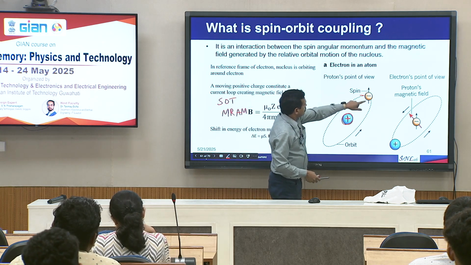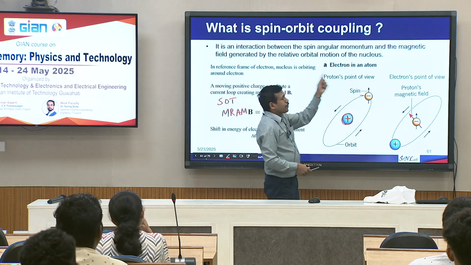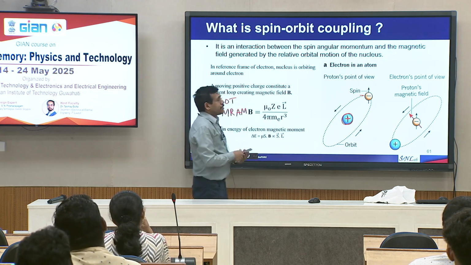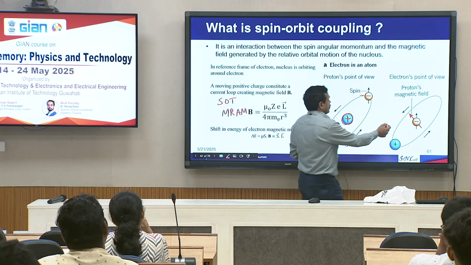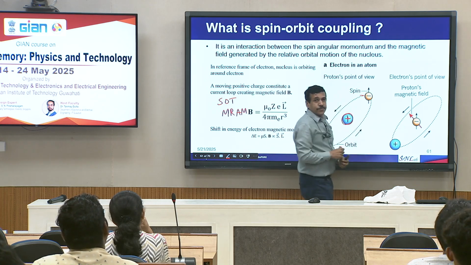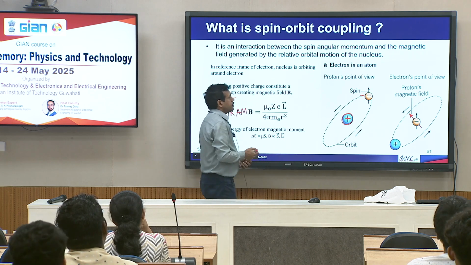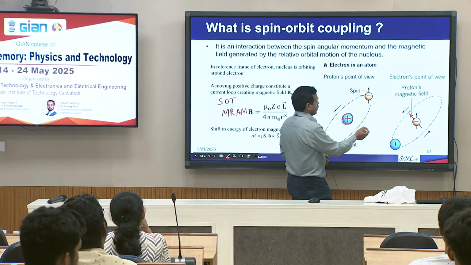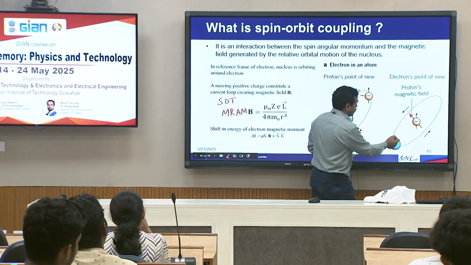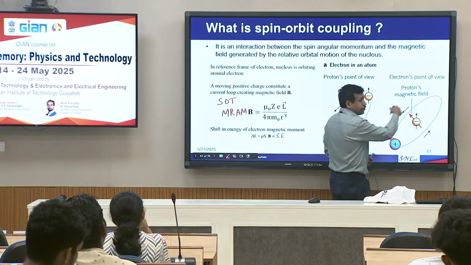So, the proton is looking at the electron going around. Okay. But if you look from the electron's perspective, it is like the proton is going around. Okay. So, if you look from the electron's perspective, a charge is going round.